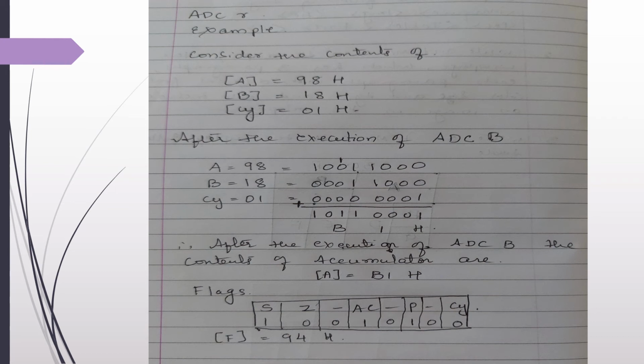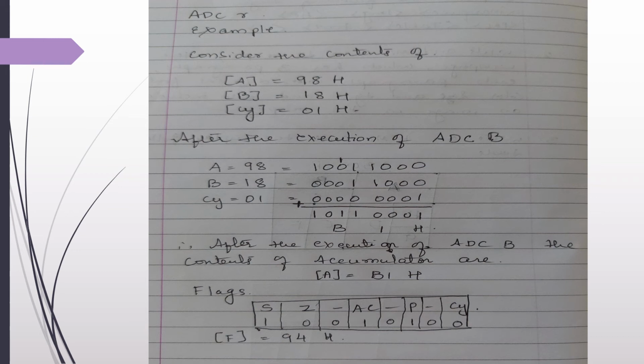See here, ADC R. We need to assume some data. We have assumed accumulator as 98H, B as 18H, and carry as 01H. So all the 3 we are supposed to write in binary and add them. What is 98? 1001 1000. 18 is 0001 1000. 01 is 00000001.